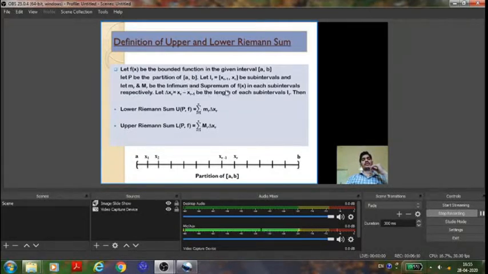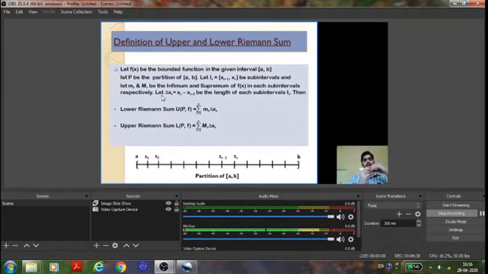The supremum means the upper bound which is the least one, the least upper bound, of the given function in each subinterval. In each subinterval we have to consider m r and capital M r. I'll not go into the detail of infimum and supremum right now, so let's continue.